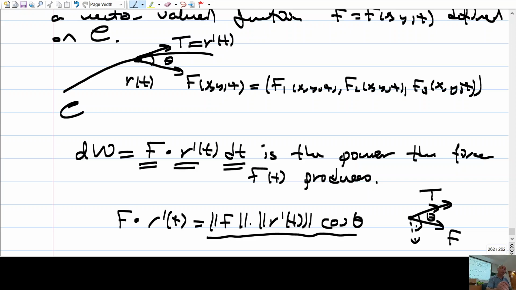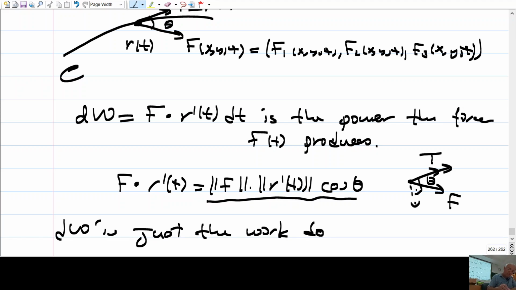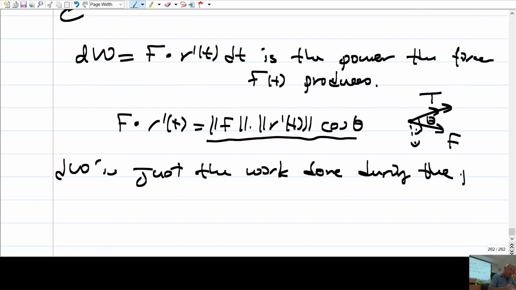Force times distance, right? This is force times the distance traveled times dt. So this is just the power or the work done during the time. So dW is just the work done during the period dt.